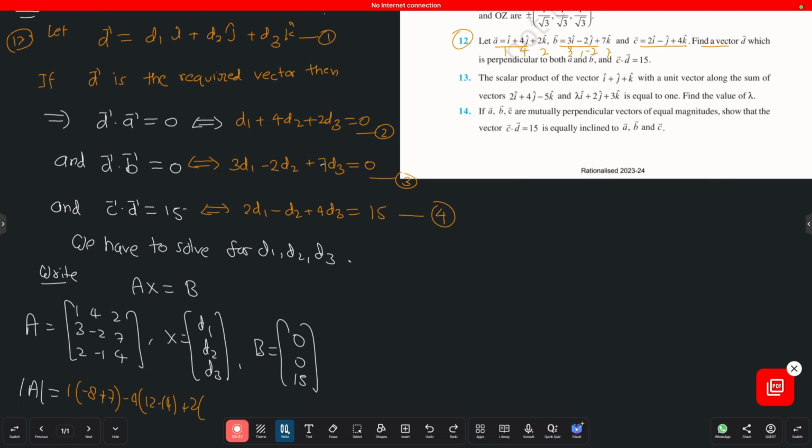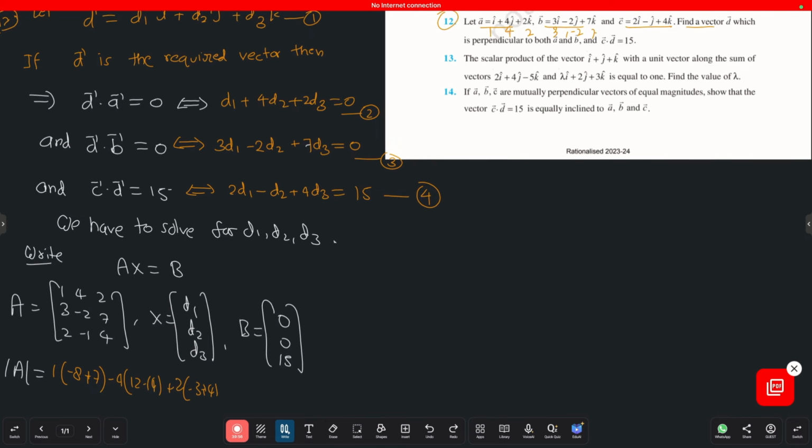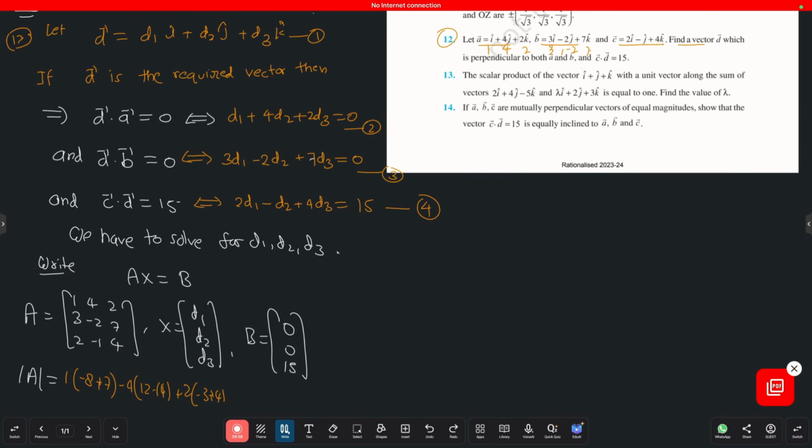Then plus 2 into minus 3 plus 4. You also do your calculation. If something is wrong here, you can inform me. Don't believe me blindly.